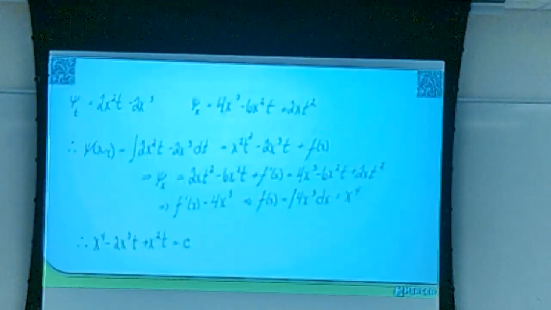And that would be our solution, which unfortunately cannot be solved for explicitly, for either one, by the way.